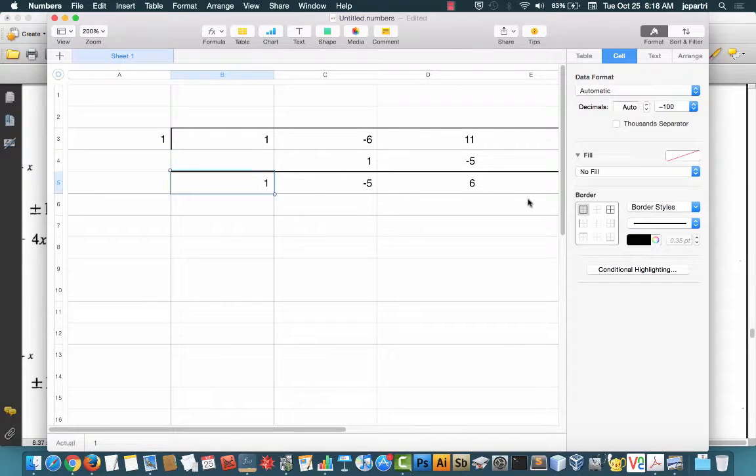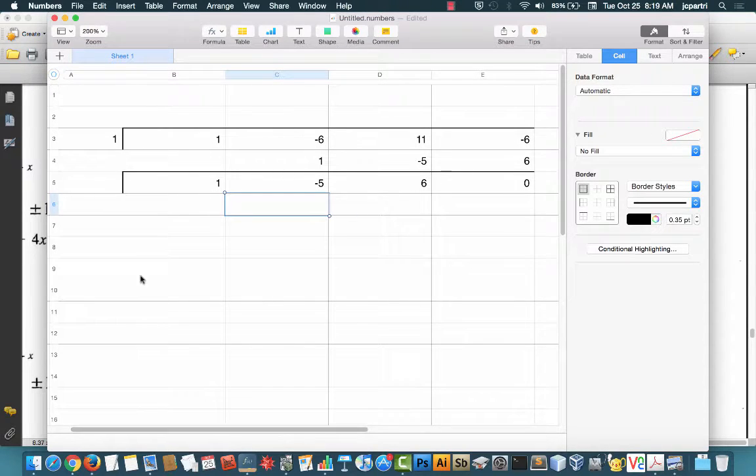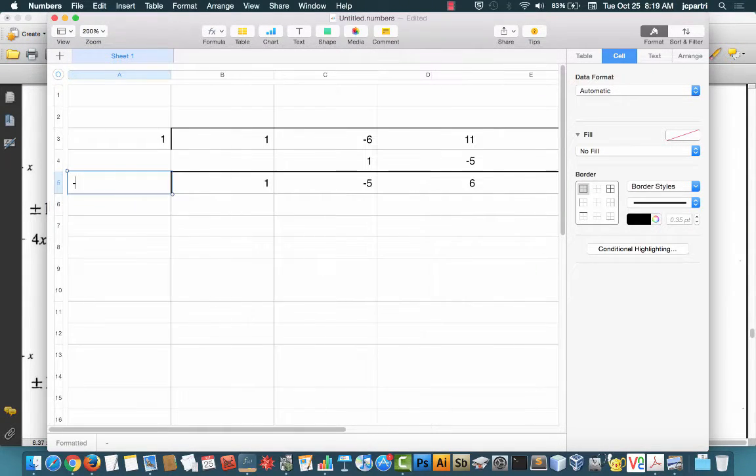Now I'm going to run through the process again. This time I'm going to choose a different number that was in the list. Remember, I had plus or minus 1, plus or minus 2, plus or minus 3, plus or minus 6. Let me choose one right now that I know doesn't work. Let's do negative 1, just to show you that it doesn't work.